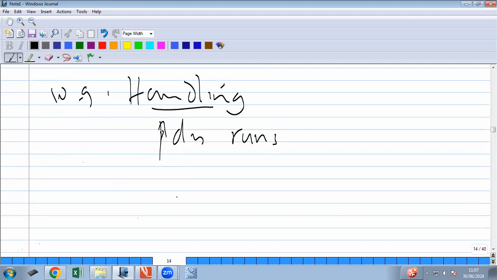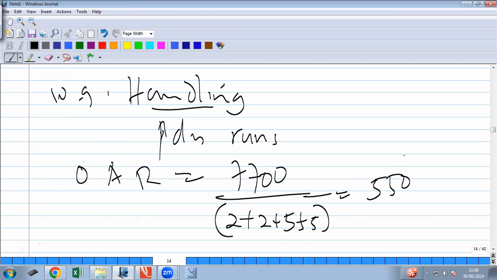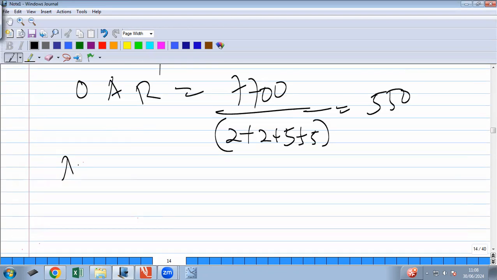So we have the overhead absorption rate, which is equal to the total for handling, 700, divided by the runs, 2 plus 2 plus 5 plus 5. And that is 550 shillings.